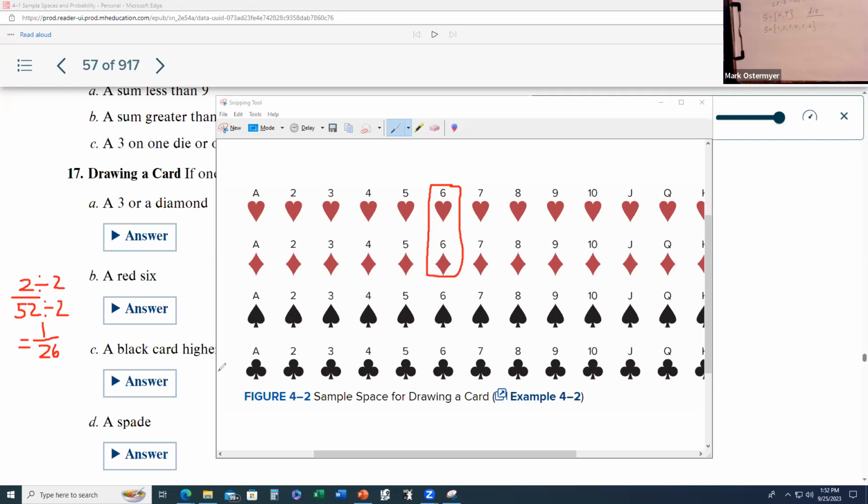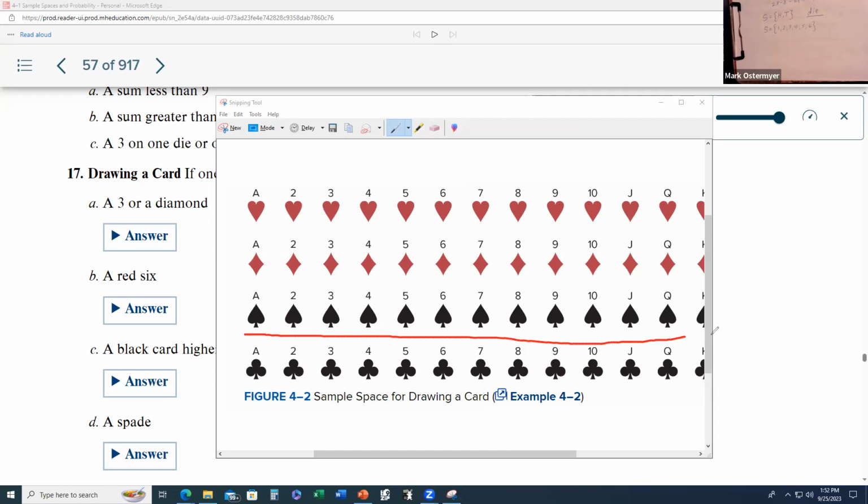What's the probability of selecting a spade? Well, how many spades are there? There's 13, correct? Ace through king. So it'd be 13/52, which reduces down to what?